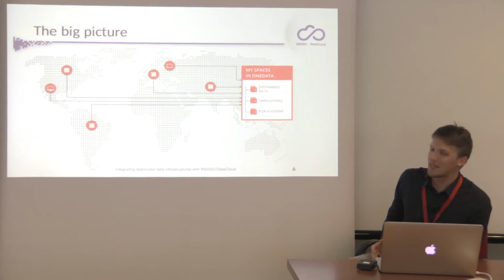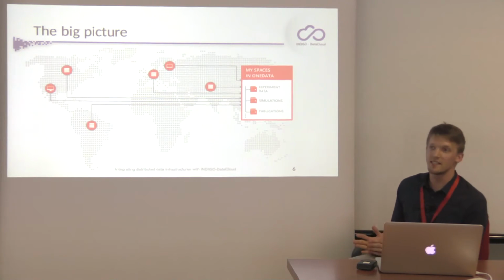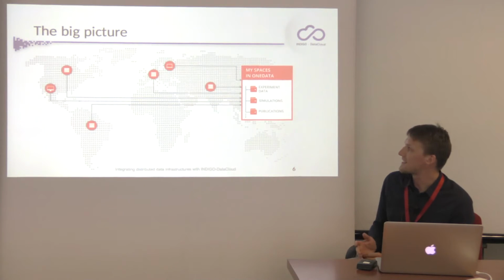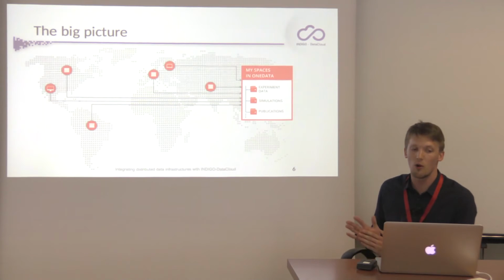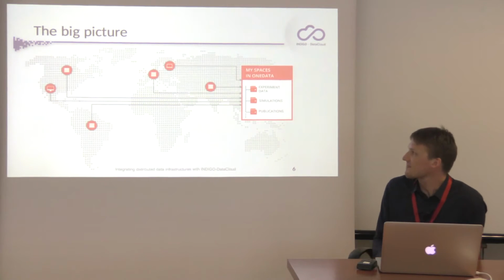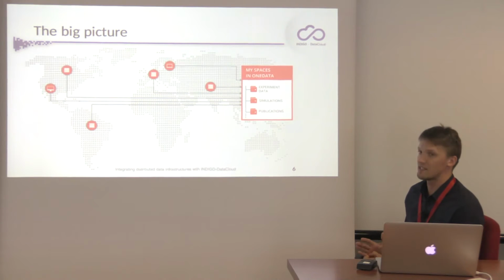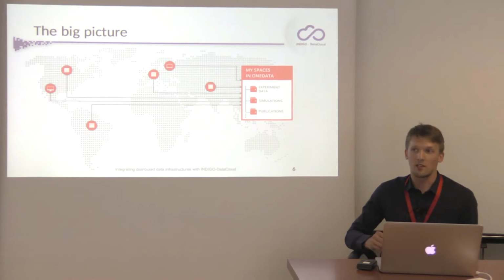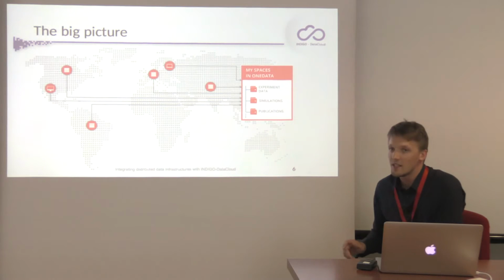So, what's the big picture of OneData? The core element of OneData systems are providers. Each of these red circles shows a provider in the OneData world. A provider may support spaces. Spaces are a logical grouping of users' files, which will be described in a later slide.